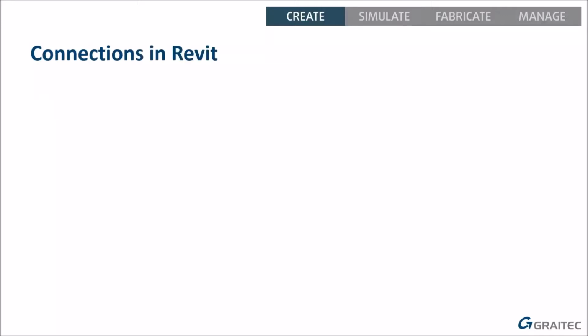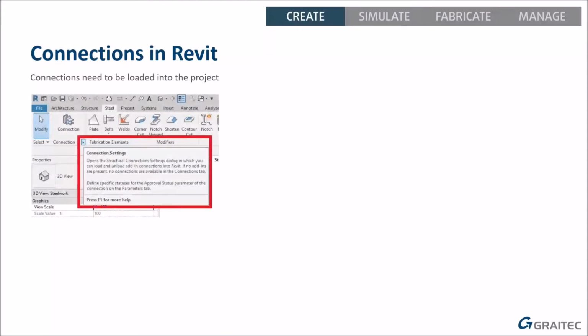Okay, perfect. So connections in Revit. If you're using Revit and you're modeling structural steelwork, you can load connections inside the Revit project. In either the steel tab or the structure tab, you click the little drop down here. I'm going to show this in action in a second, but you do need to load in the connections that you need.